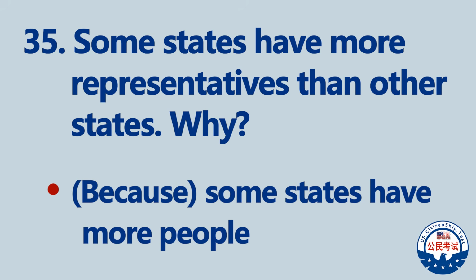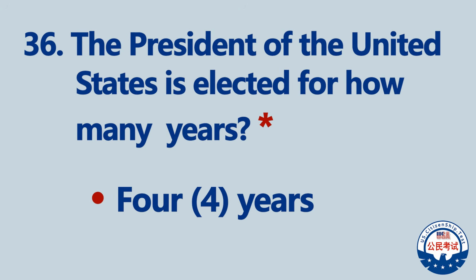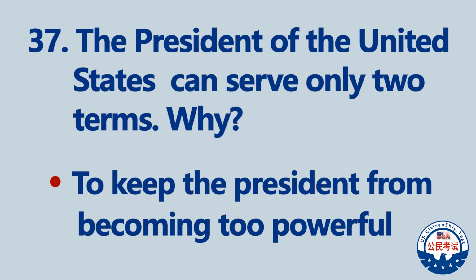Some states have more representatives than other states. Why? Because some states have more people. The President of the United States is elected for how many years? 4 years. The President of the United States can serve only 2 terms.